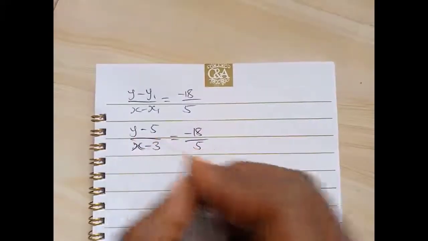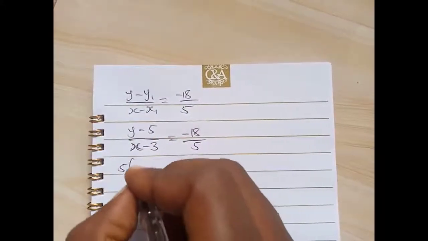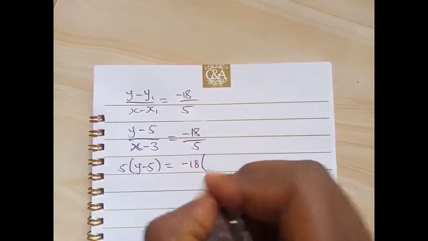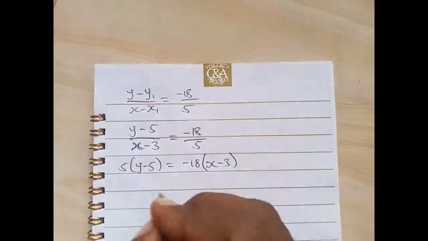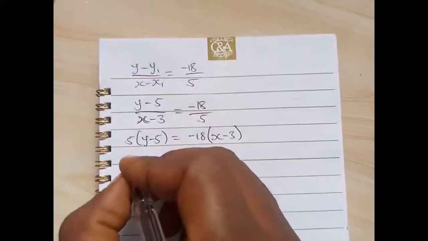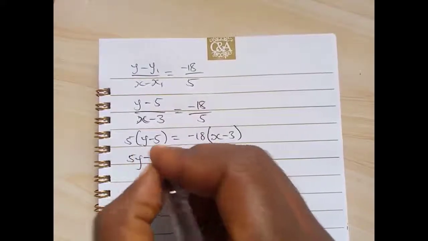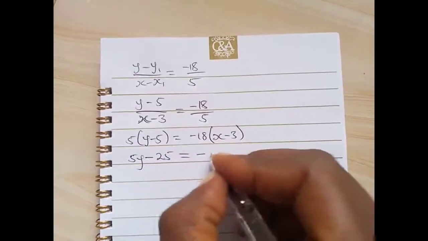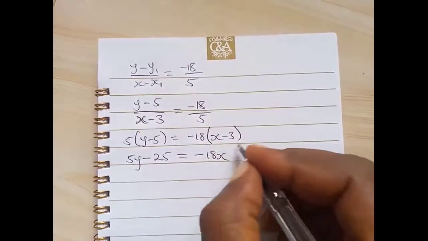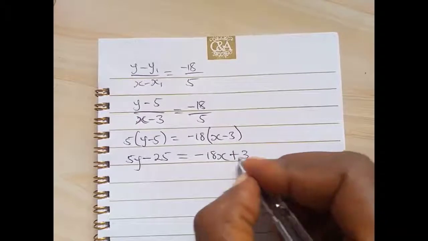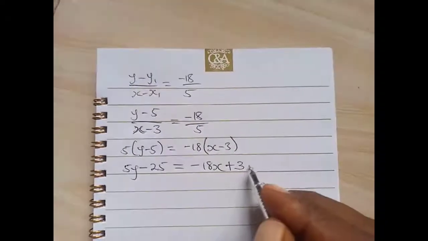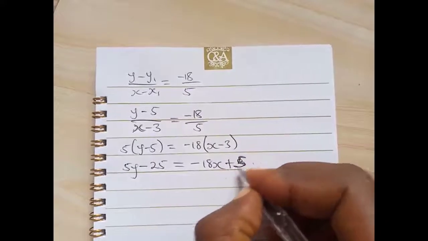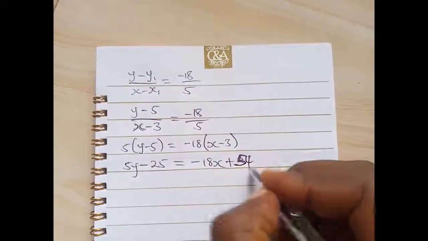So we can cross multiply. You will have 5 times (y - 5) equals -18 times (x - 3). So 5y - 25 is equal to -18x + 54.